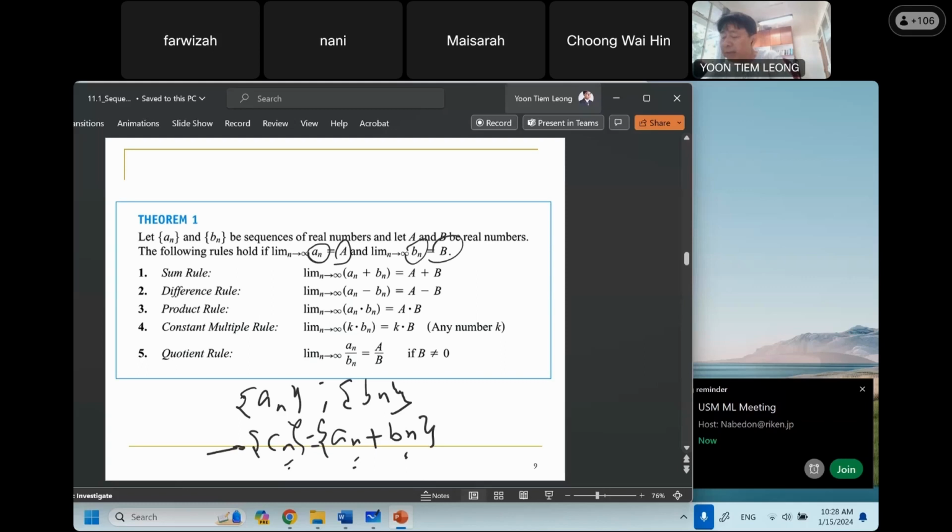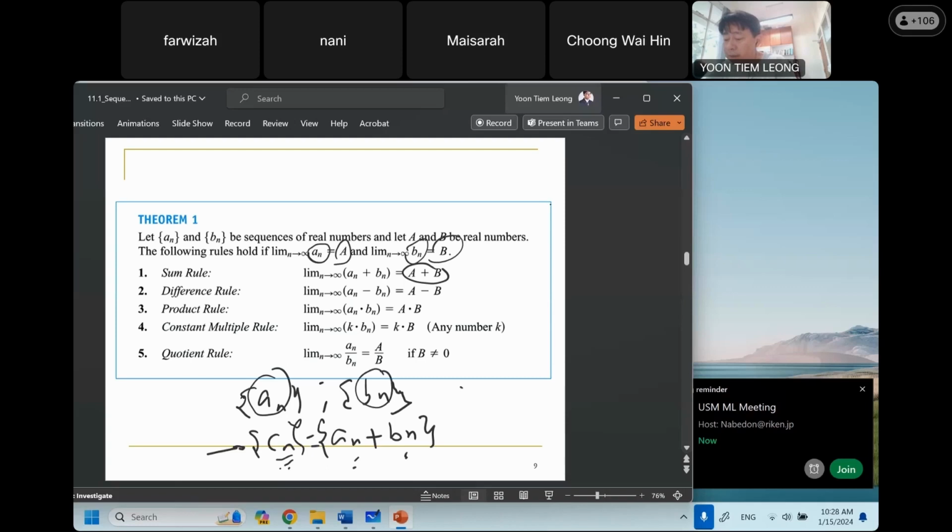So here c_n is a new sequence formed from sequences a and b. If you know the limit of sequence a and the limit of sequence b, then the limit of the sequence c_n obeys this rule: it is the sum of the limit of sequence a and the limit of sequence b.